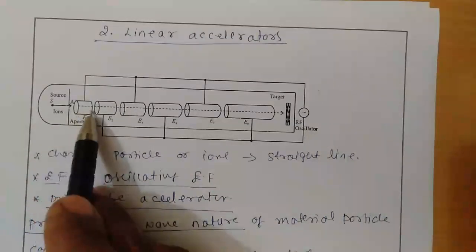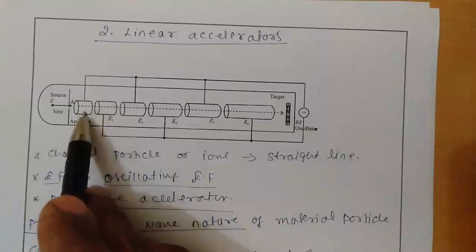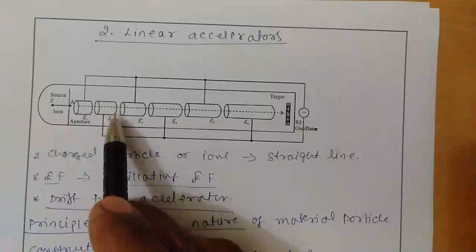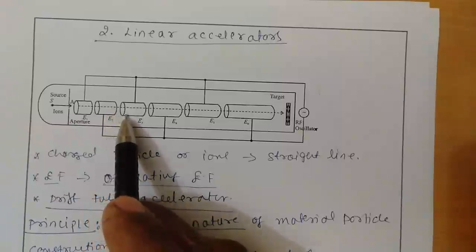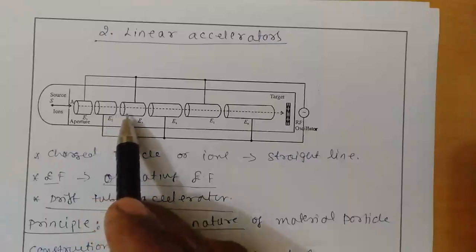As soon as it came out of this first tube, the potential of the second tube became negative and this became positive. Similarly, when this charged particle comes out of the second tube, the potential of the third tube must be negative and this must be positive, such that it can accelerate towards the third tube.